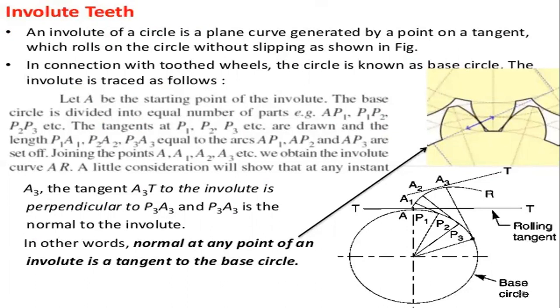Then we take the point A. Let A be the starting point of the involute, and the base circle is divided into a number of equal parts.